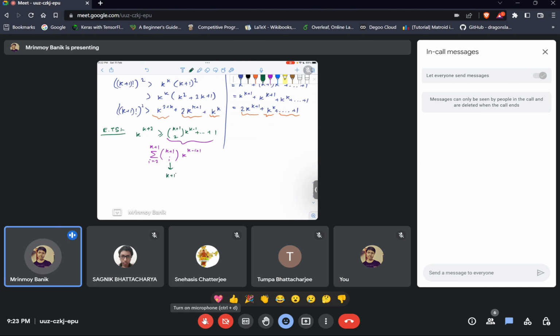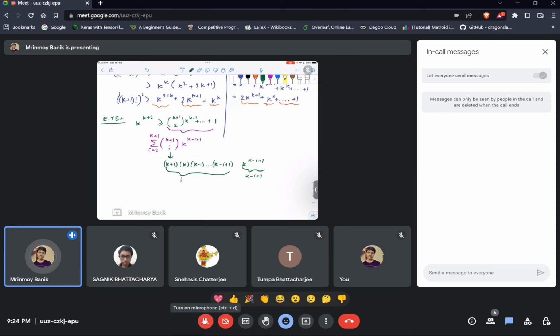So k plus 1, k, k minus 1, like that up to k minus i plus 1. So we are getting i things. And from k power k minus i plus 1, we are getting the rest of the things. All of them we can think of as the order of k, although the trailing factors are quite smaller than k, and they tend towards 1 as i increases.